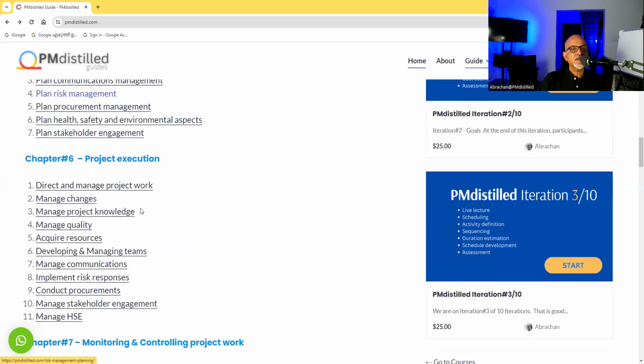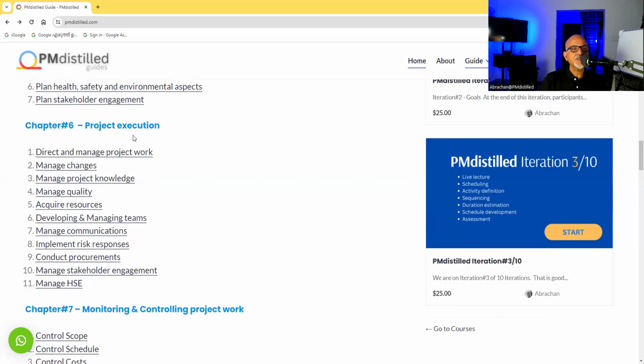Chapter 6 is about project execution. We have direct and manage project work, manage changes, manage project knowledge, manage quality, acquire resources, developing and managing teams, manage communications, implement risk responses, conduct procurements, and manage stakeholder engagement, and manage health, safety, and environment.